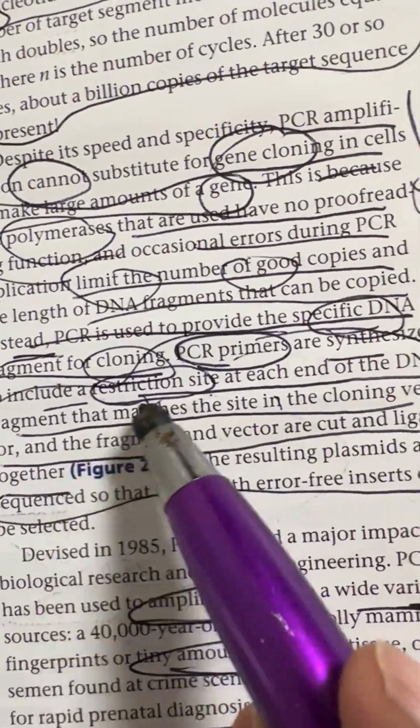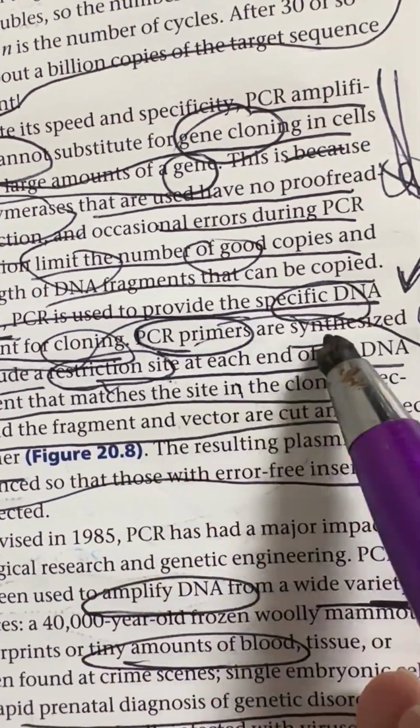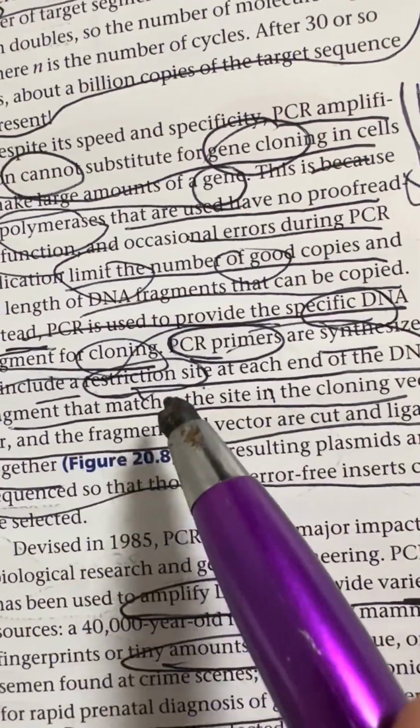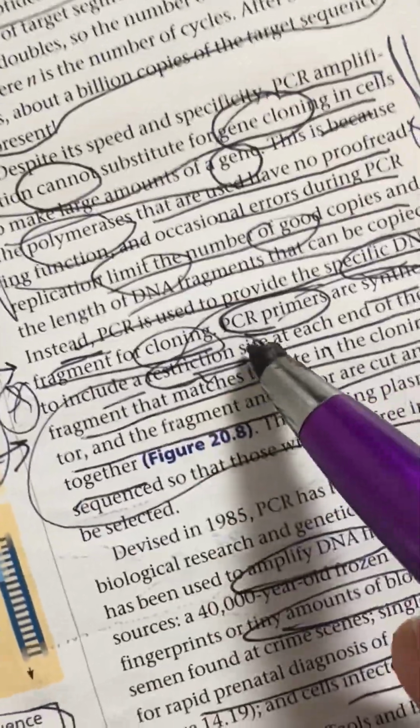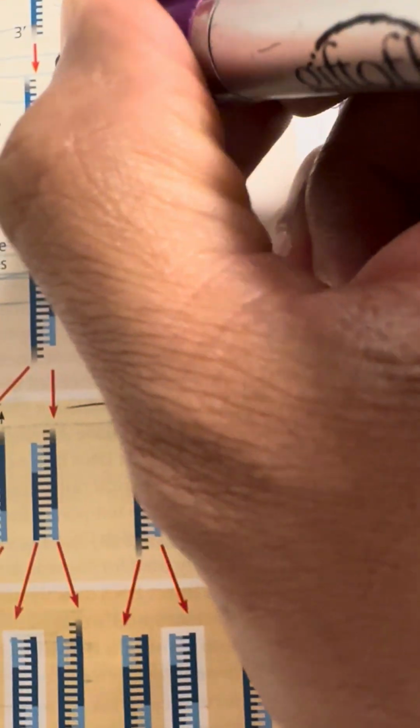Each end of the DNA fragment matches the site in the cloning vector. So the primer includes a restriction site.